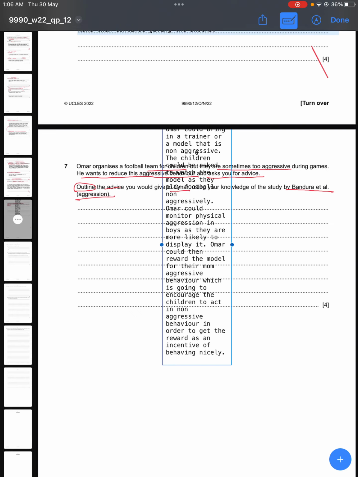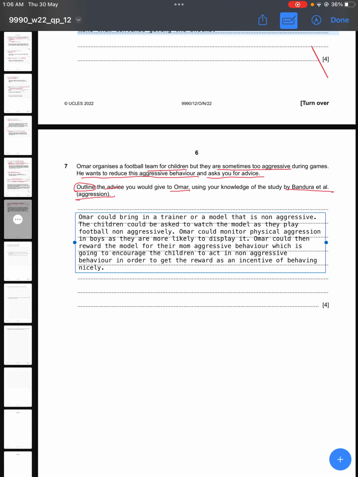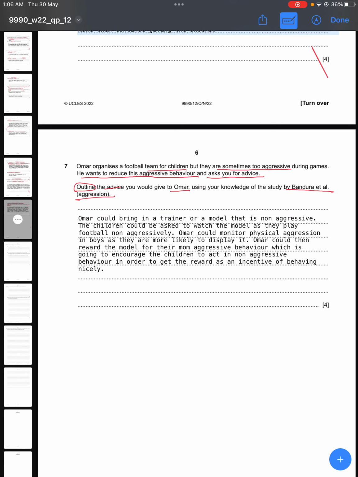So this is how they can be encouraged, because they're going to see that the model is also getting the reward, and children tend to be attracted towards the reward. So they're going to be like, okay, I need the reward, so I will also act in the way the model did, in a non-aggressive way.